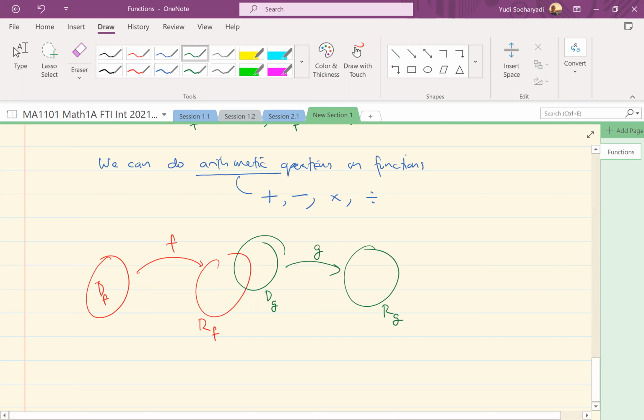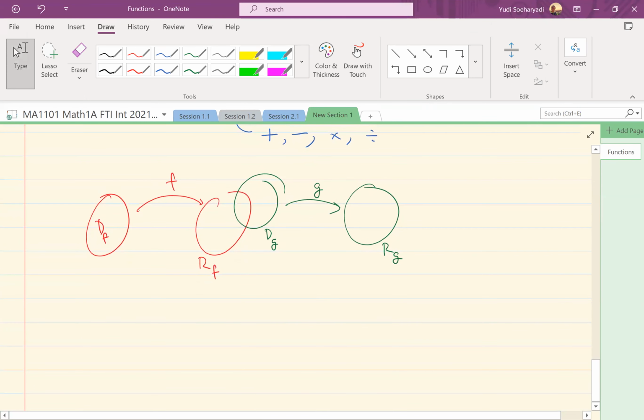Okay. So in our operations, we have what we call compositions. Composition is applying functions one after another.